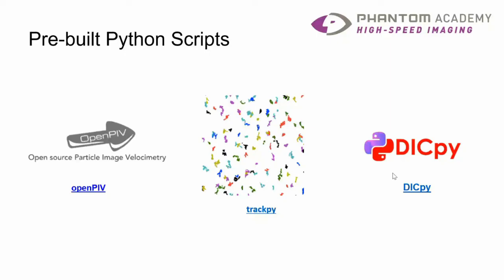I just listed a few here that you can look into. The links are in the titles there. Very, very useful. Even, for example, TrackPy itself will natively take Cine files into the functions, right? So even less work to do in that regard.